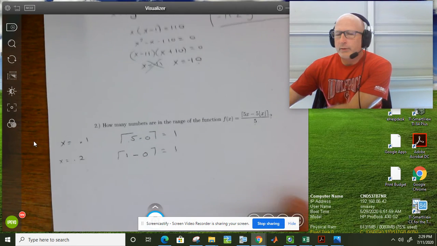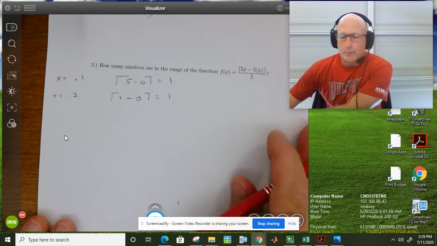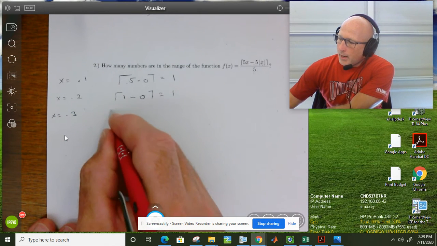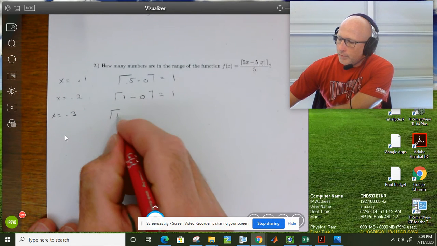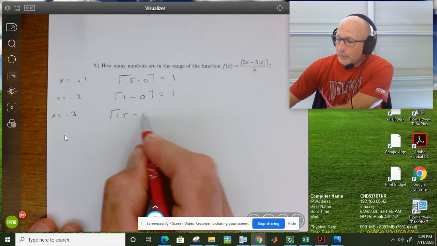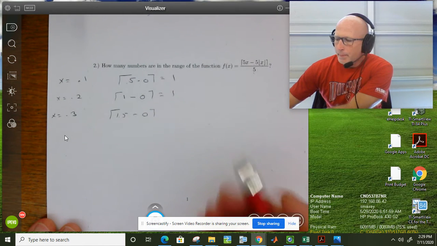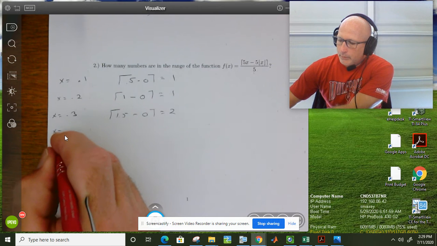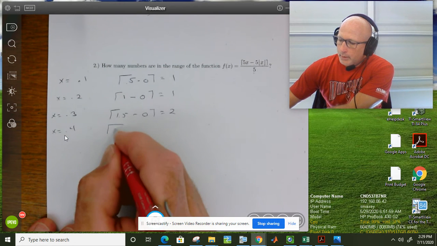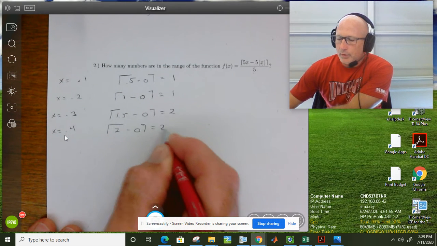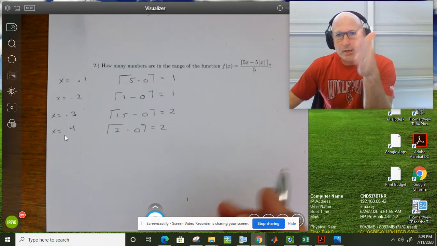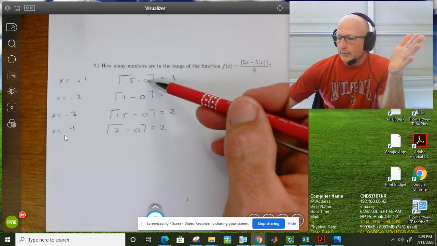Once again, we're trying to establish a pattern here. Let's see what happens. X is equal to 0.3. I have 5 times 0.3, which is 1.5, minus 0 again. Hopefully you can see that. So that's equal to 2. X is equal to 0.4. This is going to be 2 minus 0, which gives me 2. So it's just going to continue that pattern. Now, when is it going to change? It's going to change when this is no longer 0.